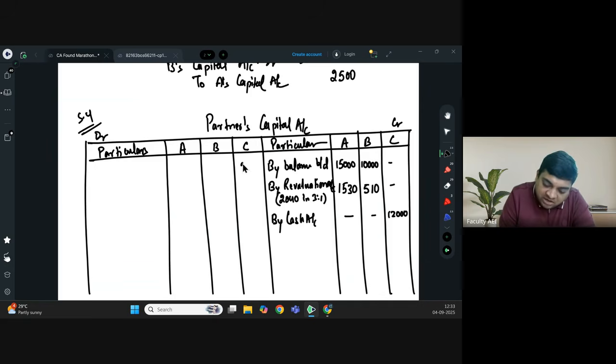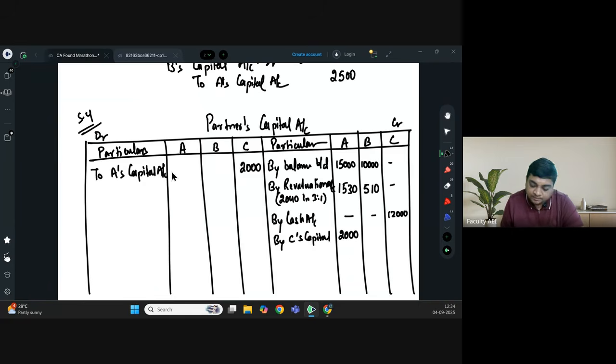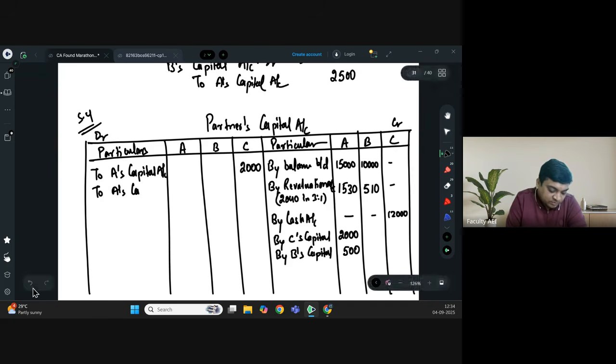Now out of 12,000, he will give 2,000 to A by C's capital to A's capital, right? He will get more from that by B's capital to A's capital is already written.